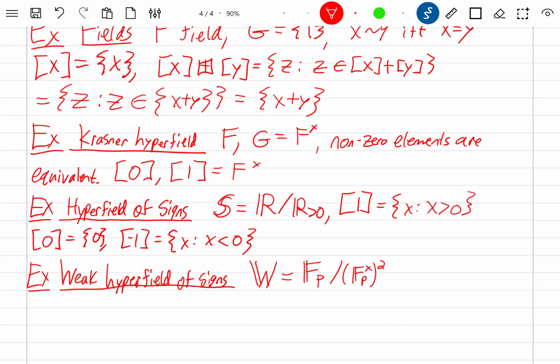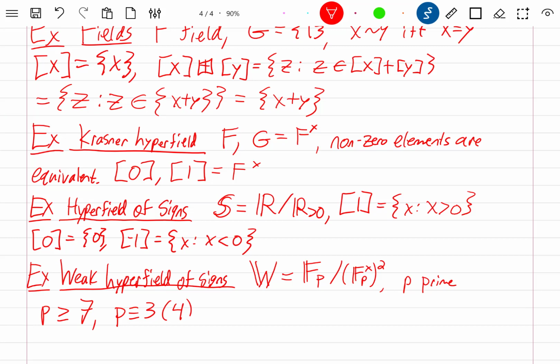But you have to pick p a prime, where p is greater than or equal to 7, and we need p to be congruent to 3 mod 4.